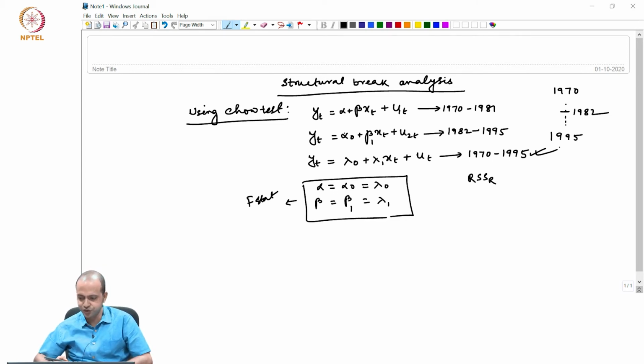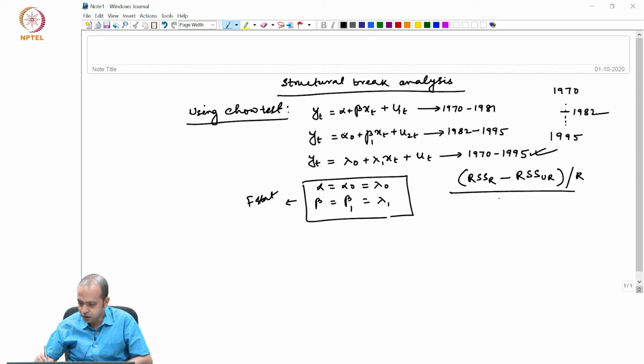Then we take RSS UR divided by its degrees of freedom, and the numerator is also divided by its degrees of freedom.